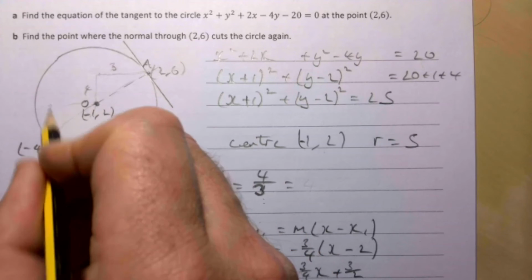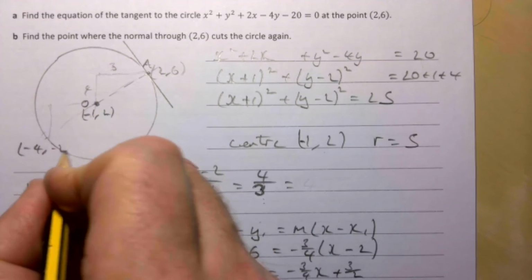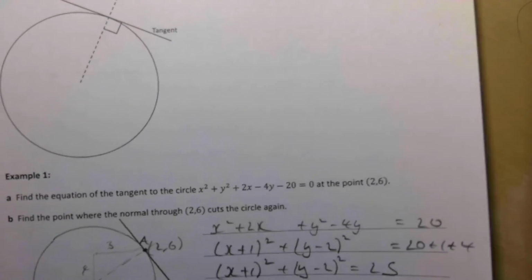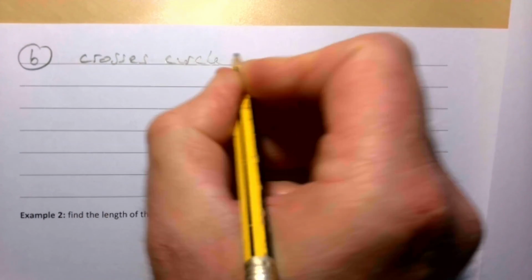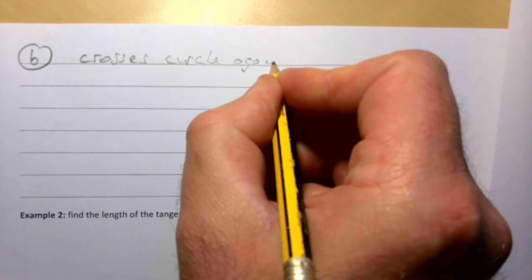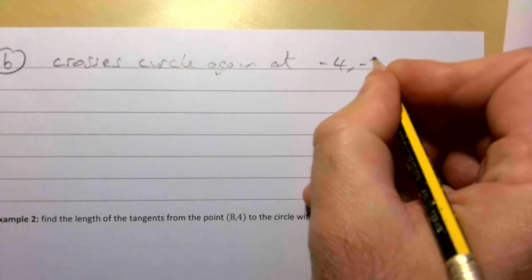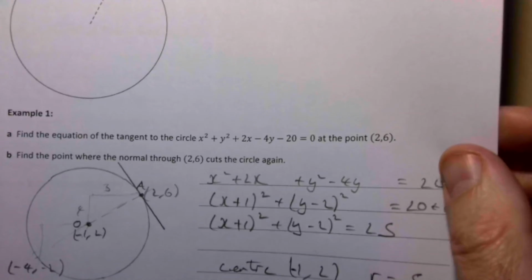And then 4 down from 2 would take me then to -2. So I can write that then on the other side. So part B, at (-4, -2).